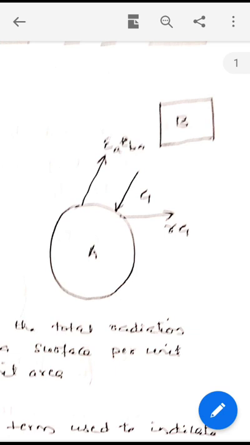The amount of radiation reaching body 2 will be J1 times F12, times A1. The amount of radiation leaving surface 1 and reaching surface 2 will be A1 F12 J1.